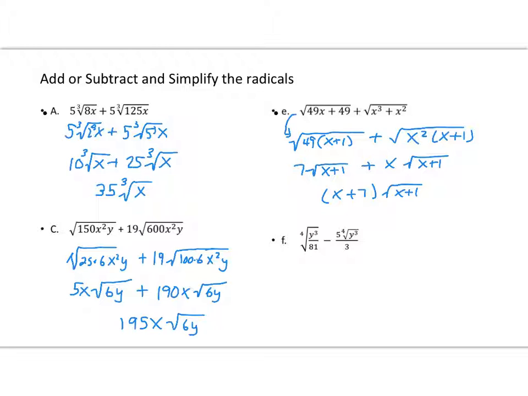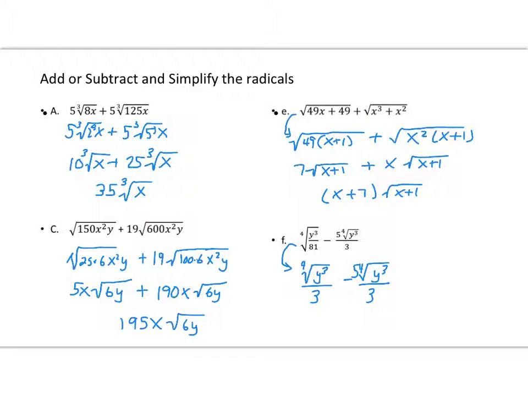In the final problem, I'm going to rewrite this radical over here as the fourth root of y cubed over 3. I can do that. And then I have a minus, well, 5 fourth root of y cubed over 3.